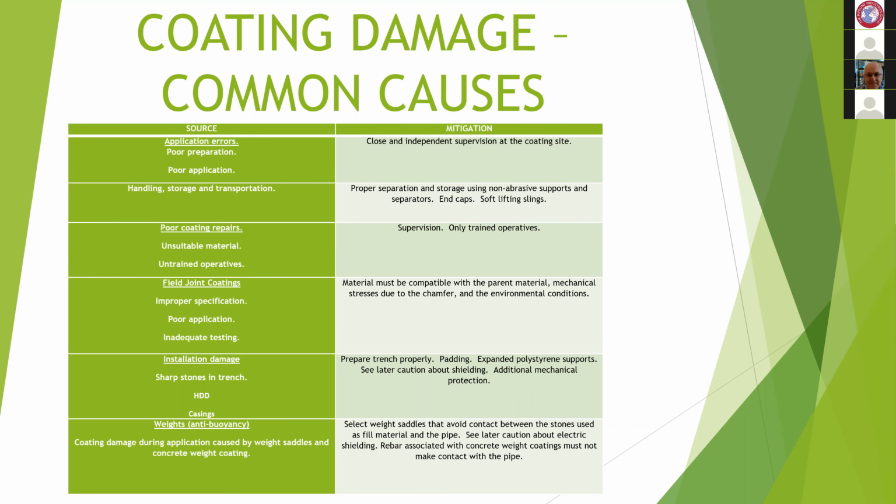And there are tests that should be done on the section that's been horizontally drilled before it's tied in, because we can do these external tests, and they're specified in the standard what to do and what's acceptable, and you can tell whether or not it's been damaged beyond protection levels. So it's important to undertake those tests and to specify that those tests have to be undertaken before it's tied in.